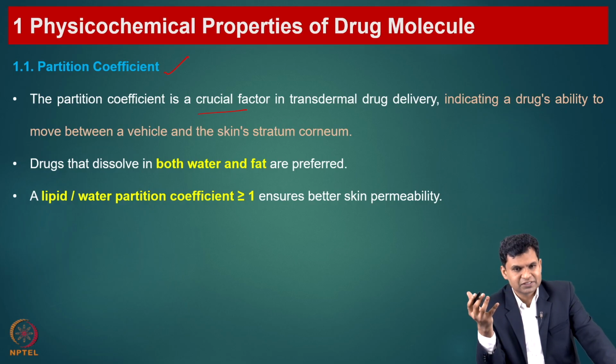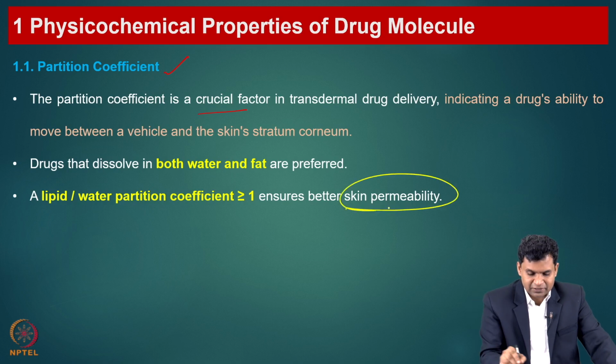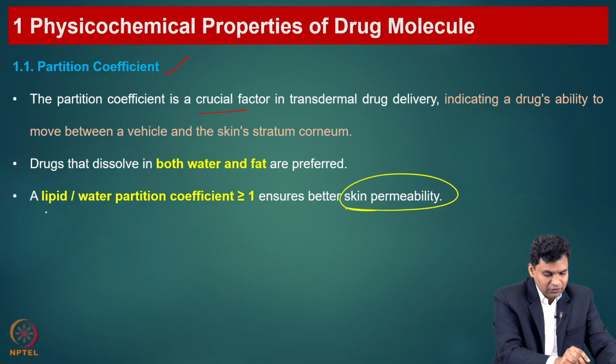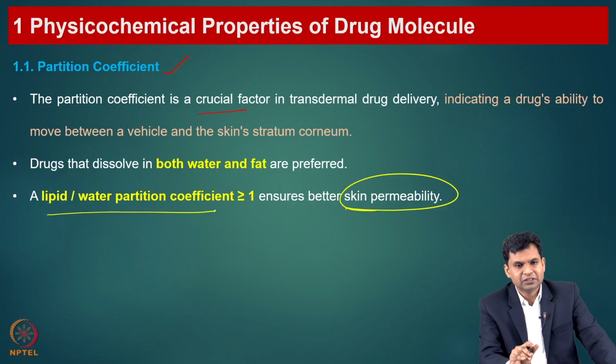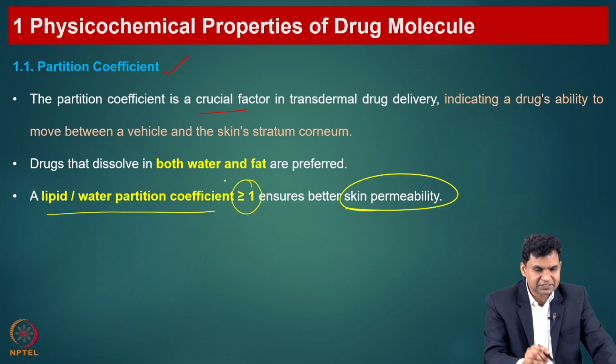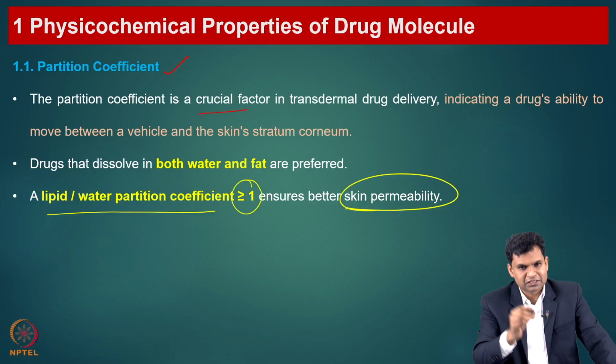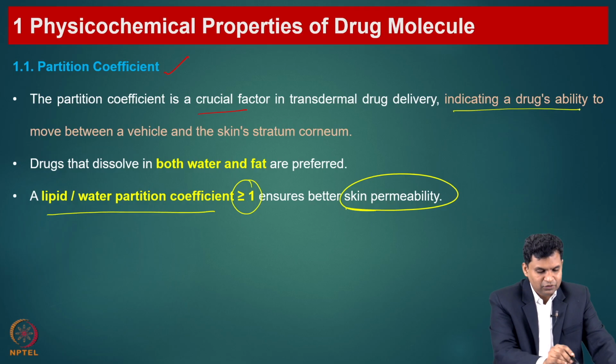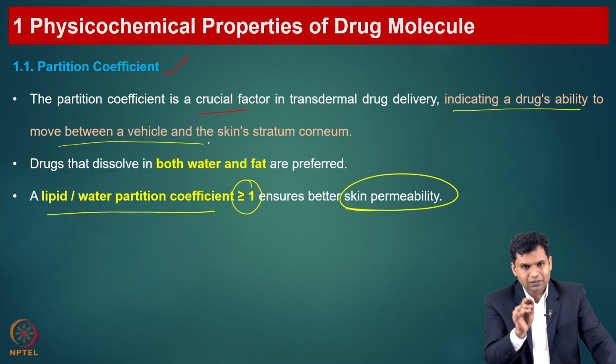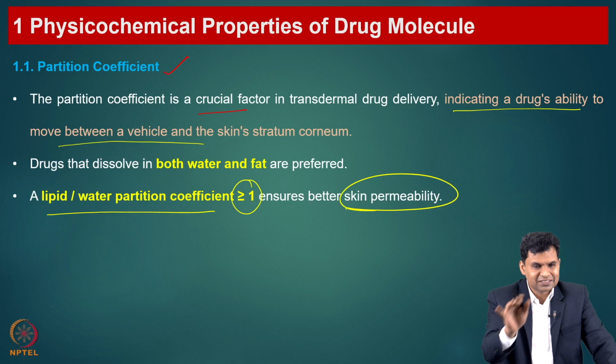What we understand is that this is very important for permeability. The proportion of the drug in the lipid and the water should be greater than 1 when you want to go for transdermal drug delivery systems. These parameters are very important, as they help to move the molecule from the formulation to the skin.